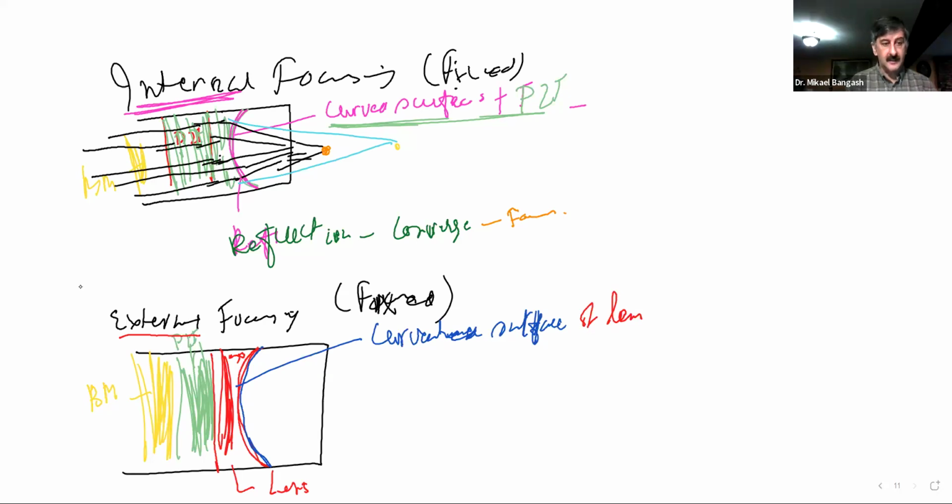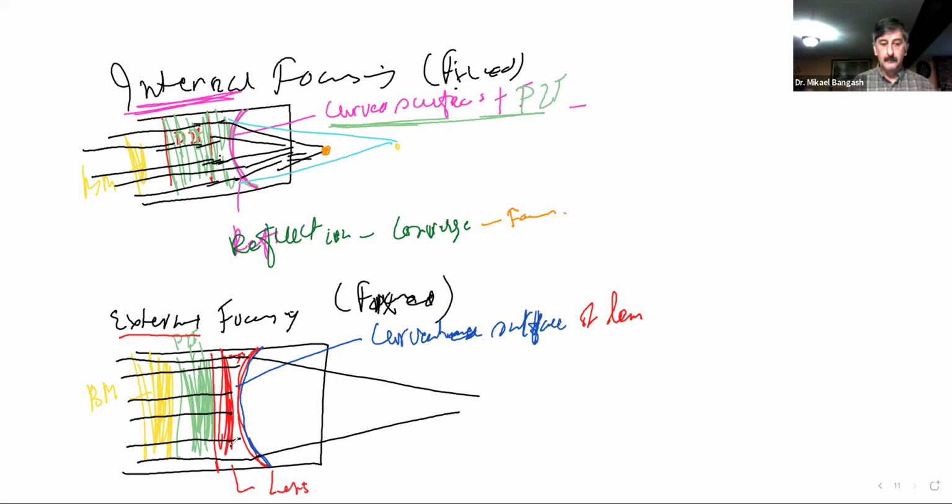And pretty much it does the same as the lens in your eye would have done, or the lens in your glasses, or as a matter of fact, the lens in a camera would do. Refract those waves and cause them to reach a focal point.